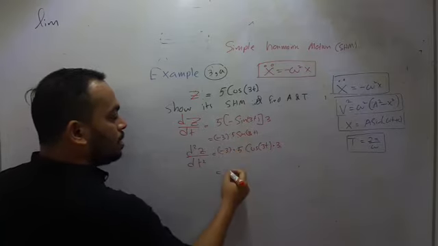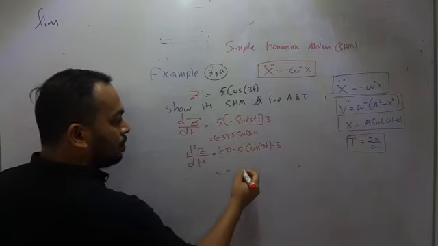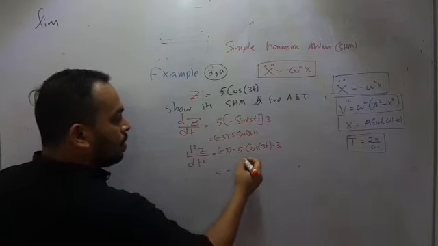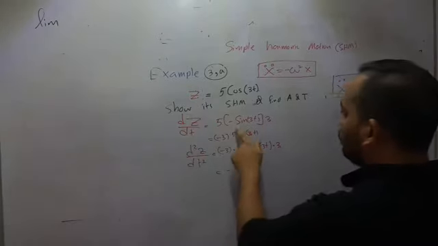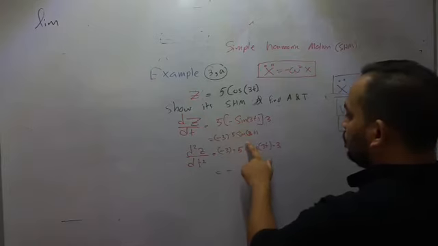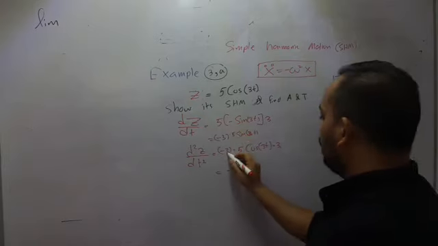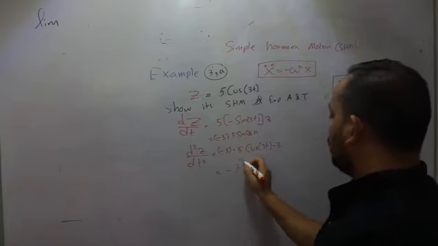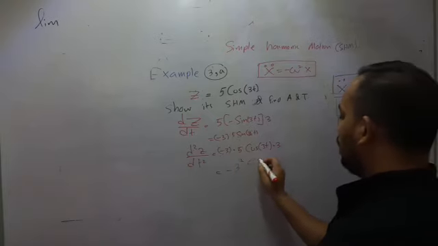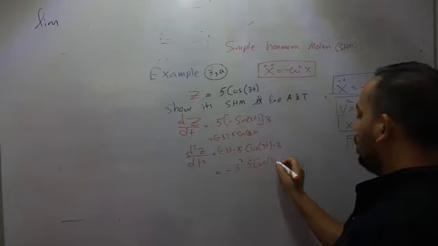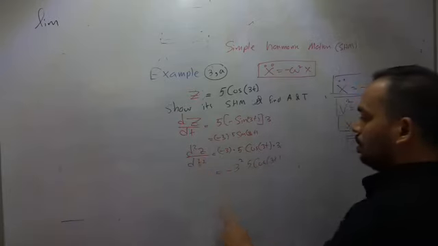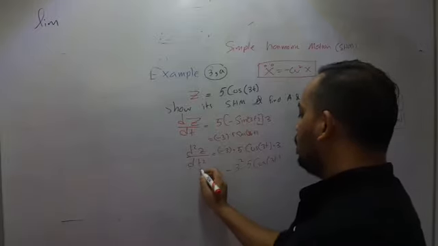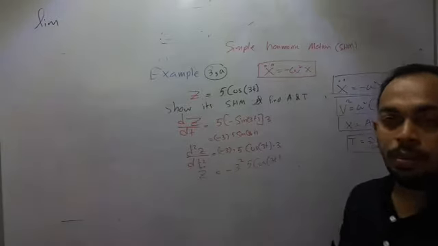If I rearrange this, you have minus sign here, then 3 squared times 5 times cos 3t. So what is d squared z over dt squared? This is z double dot, we call it z double dot.